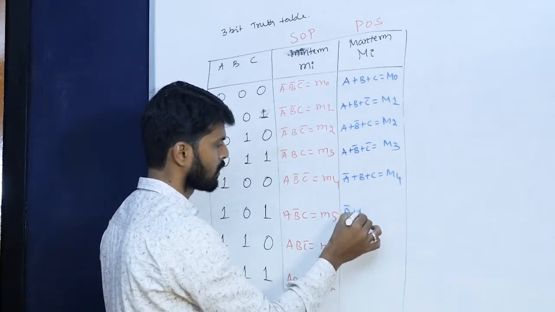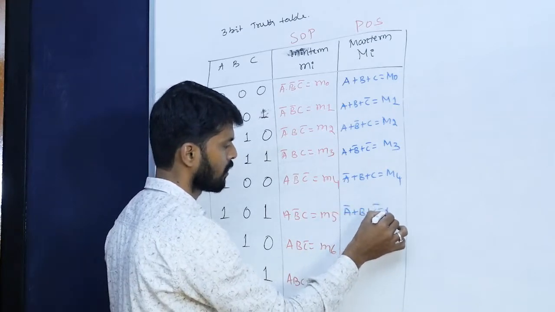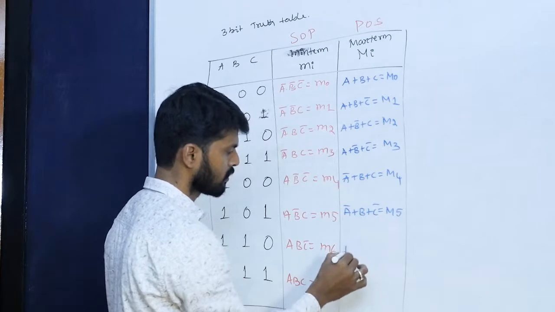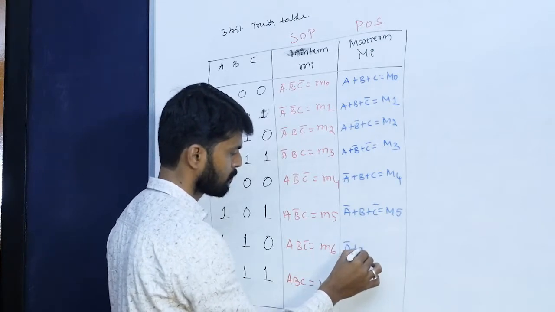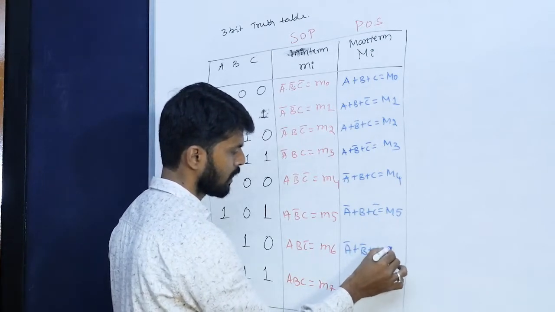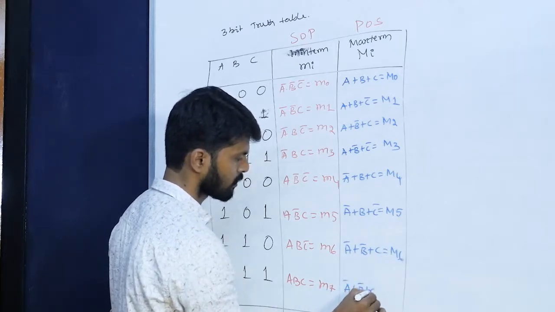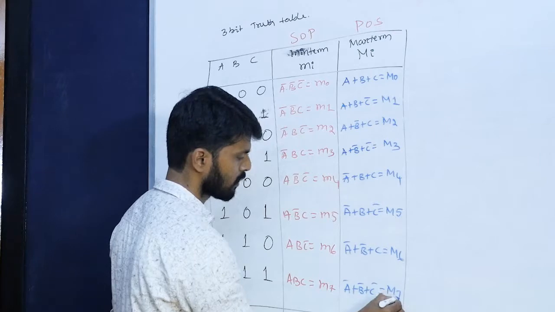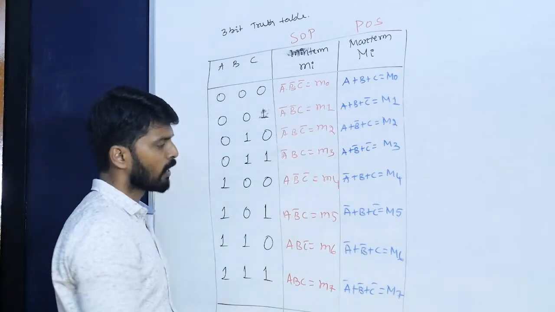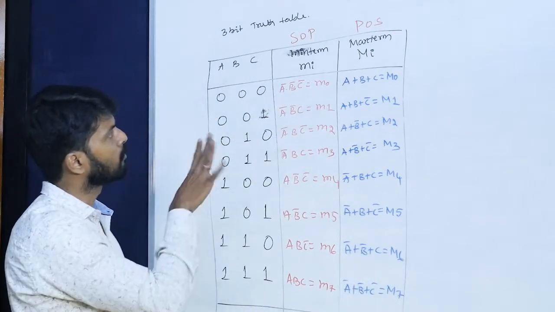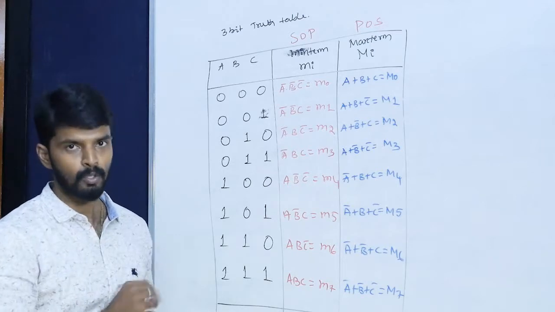A bar plus B plus C bar is M5. A bar plus B bar plus C is M6. A bar plus B bar plus C bar is M7. This is how we represent minterm and maxterm with the help of a truth table.